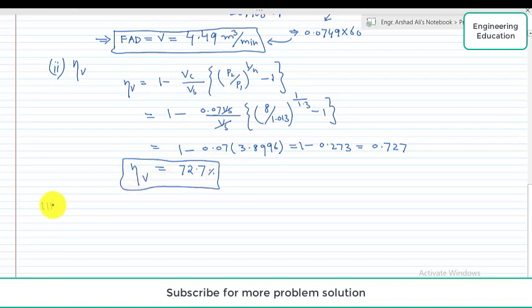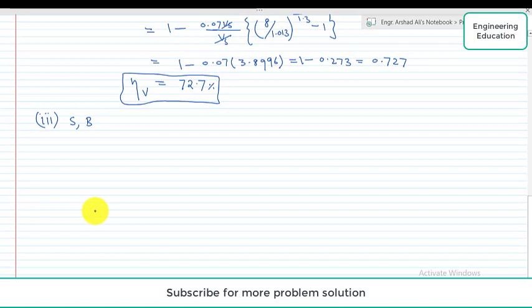Third, we have to find the stroke and bore. So for that, from the PV diagram we see that VA is equal to Vs plus Vc.